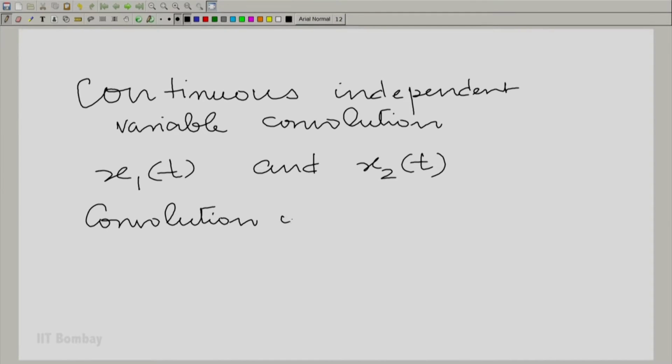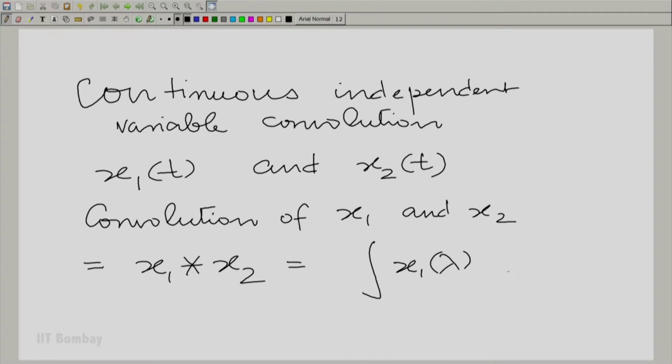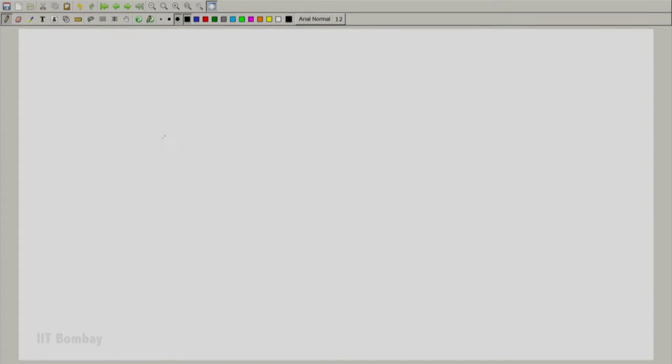And we wish to calculate the convolution, which we will of course represent as usual by a star, and that is calculated to be the integral of x1(lambda) x2(t minus lambda) d lambda over all lambda. This is done for each t.